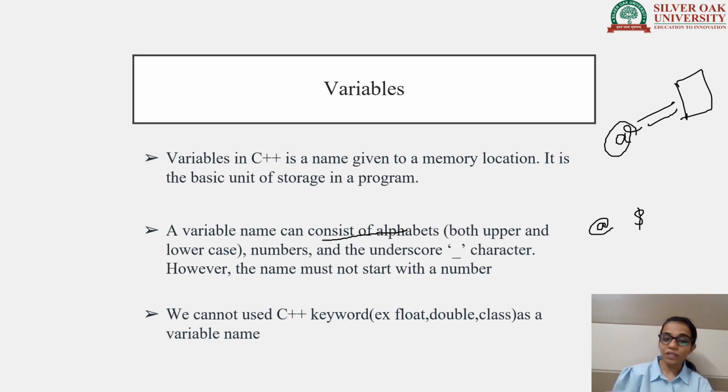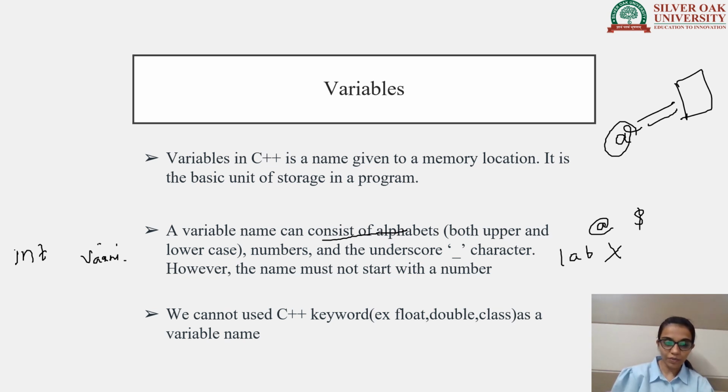However, the name must not start with a number. It should not be like 1ab. This is not acceptable as a variable name. Generally, we use camel casing in our variable names. Suppose I want to declare an integer and I'm writing my name, Vani.